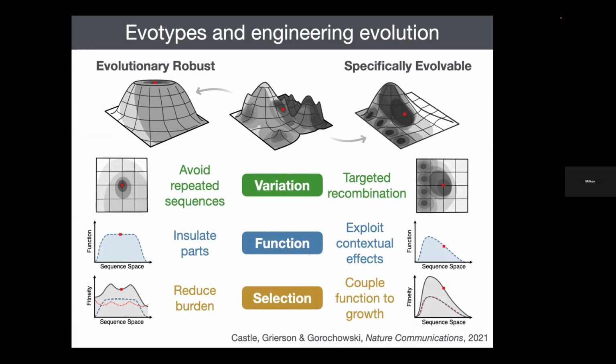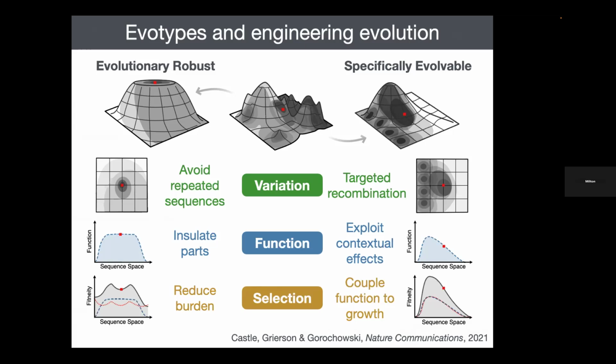So for example, in terms of variation, there are ways that we can robustify the genetics. We can avoid things like repetitive sequences, which typically lead to recombination in biology, to remove that as a failure mode. Or we could design targeted recombination, putting certain sites within our genetic sequence that allow it to alter its structure in different ways, to cause variation to move in certain directions which we think are maybe useful.